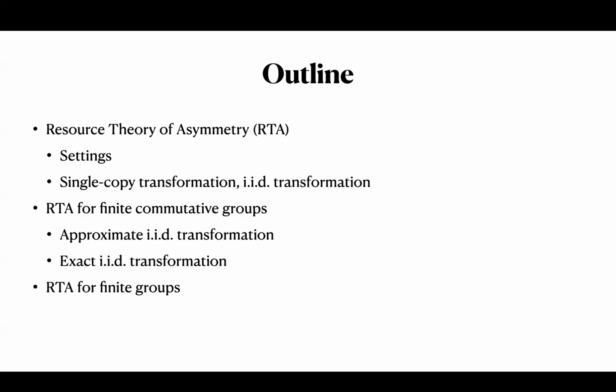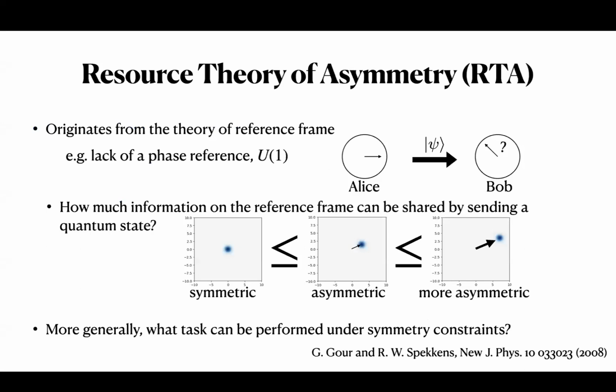This is the outline, and I will first talk about the review of resource theory of asymmetry. The study of resource theory of asymmetry comes from the theory of reference frames. Suppose that two parties don't share the reference frame.